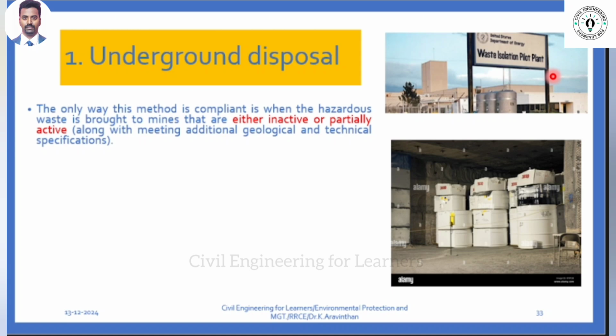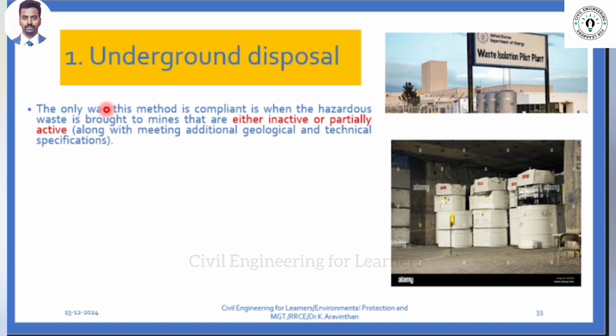Whatever hazardous waste is there, they collect and store in a container like this. How do you get nuclear energy? By converting nuclear to electricity, using uranium. After that, the waste is placed in this container and dumped deep into the earth. These places are called underground disposal.